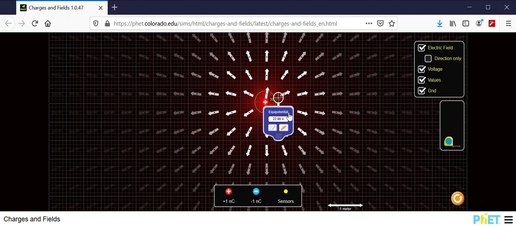You can make it 5, 15, 20, 25, whatever value you want. But I want 10. Since we already have an electric potential of 20, if I want a delta V of 10, the next one has to be 10.